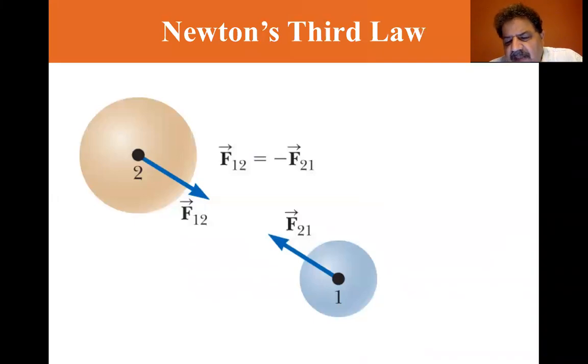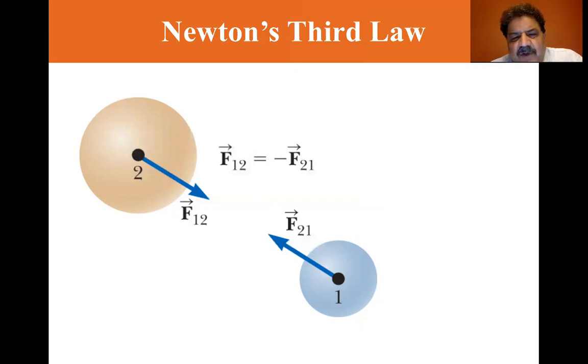Note that the action-reaction forces act on different objects. They must be of the same type. In other words, you can't have one force be gravitational and the other be electromagnetic. These are both the same type of force. In this case, it's not specified. We're assuming that this is gravitational force of one object on the other, but it could just as easily be an electromagnetic force.